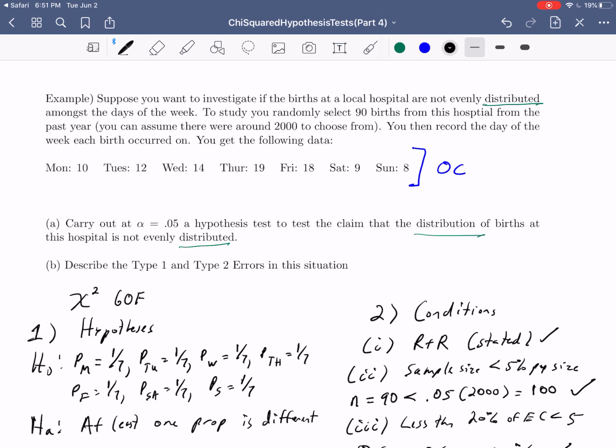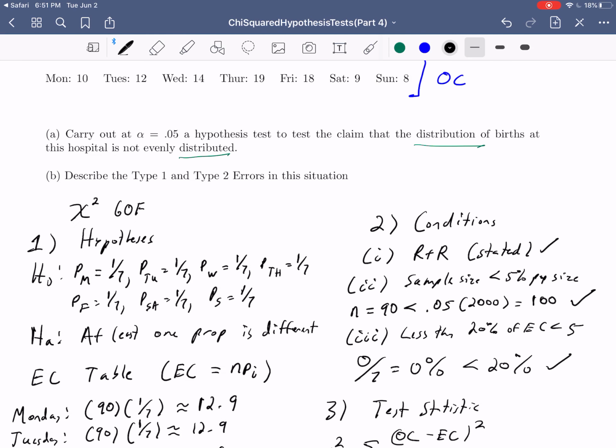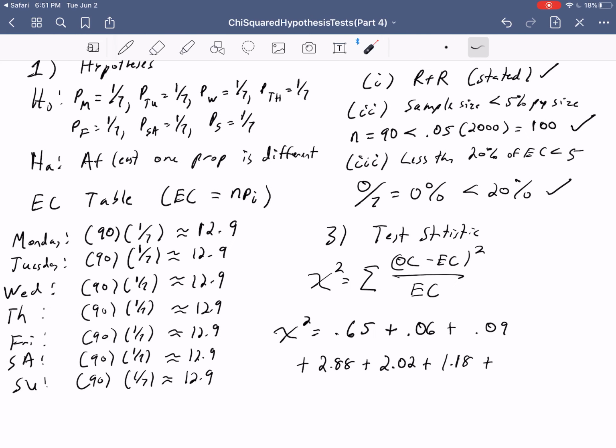Then plus, we observed 9 versus an expectation of 12.9. So (9 minus 12.9) squared divided by 12.9 looks like 1.18. And then finally, last one, the Sunday, observed 8, expectation 12.9. So (8 minus 12.9) squared divided by 12.9, 1.86.